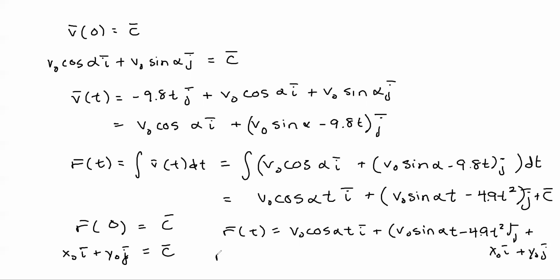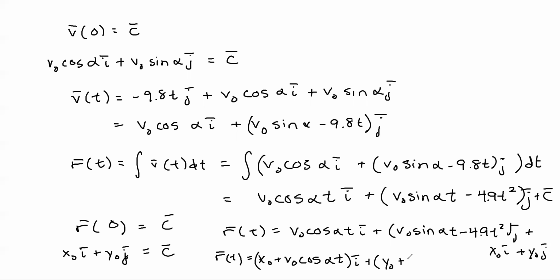And then if you go ahead and rewrite it, combining components, we're going to have the x naught going to go with the i, so we'll have x naught plus v naught cosine alpha t i, and the y naught goes with this.